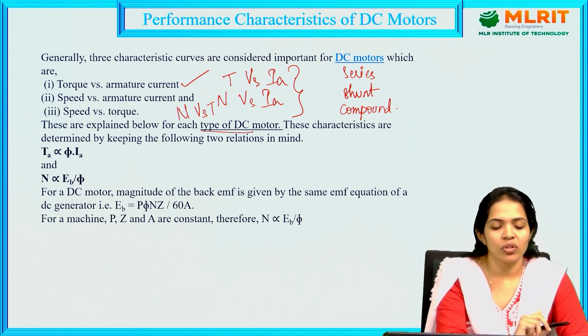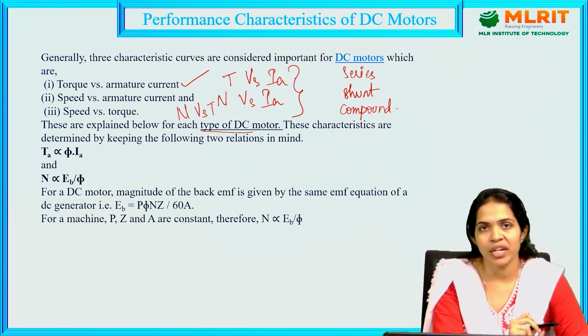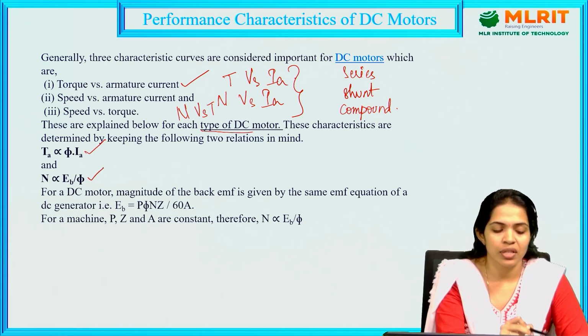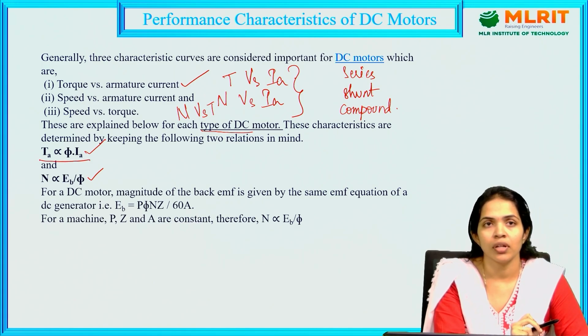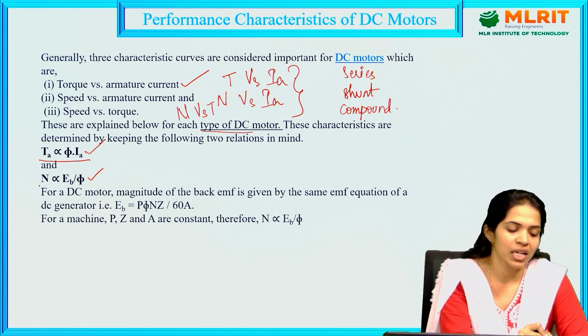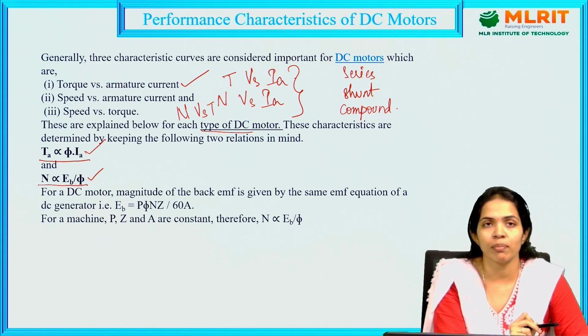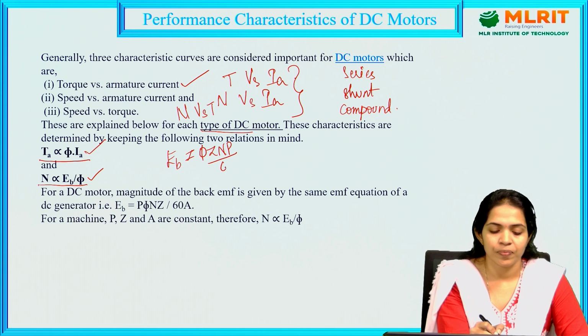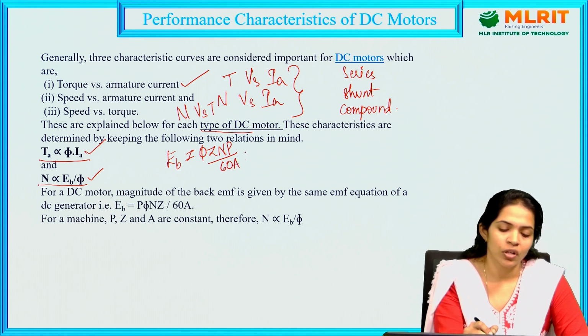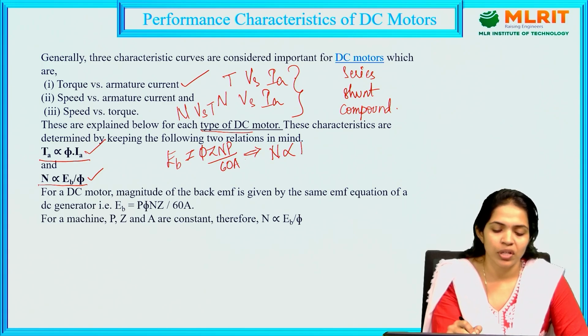For each type of motor, these characteristics are mainly explained by considering two relations. One relation is that the armature torque is directly proportional to the product of flux and the armature current, and the next relation we get from the EMF equation, or the back EMF equation, of the motor. We know that Eb equals phi ZNP by 60A. So from this relation, my speed is directly proportional to Eb by phi.